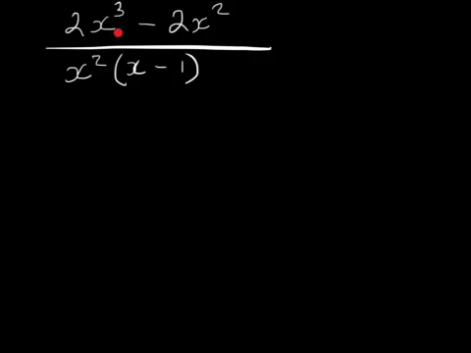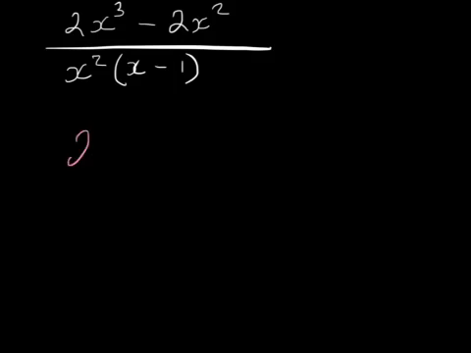Here's another example where it's just an extension of the previous example, where we take our common denominator. All I've done is I've changed our numerators. And what we can see here from our numerators is that there's a common 2 and a common x squared.